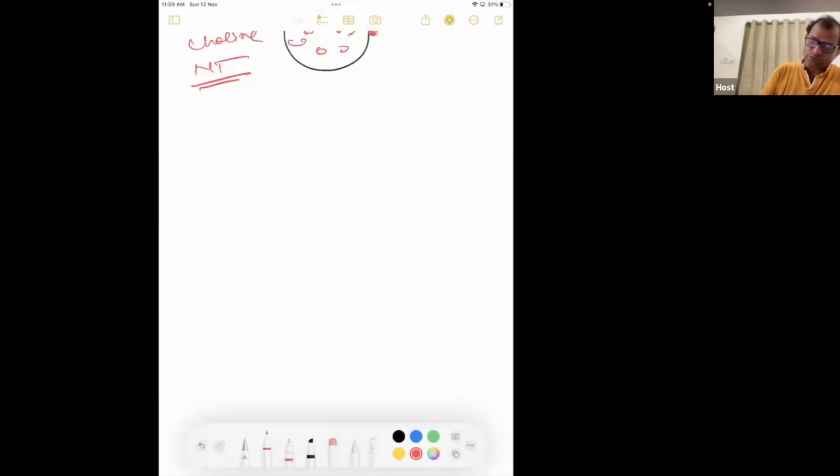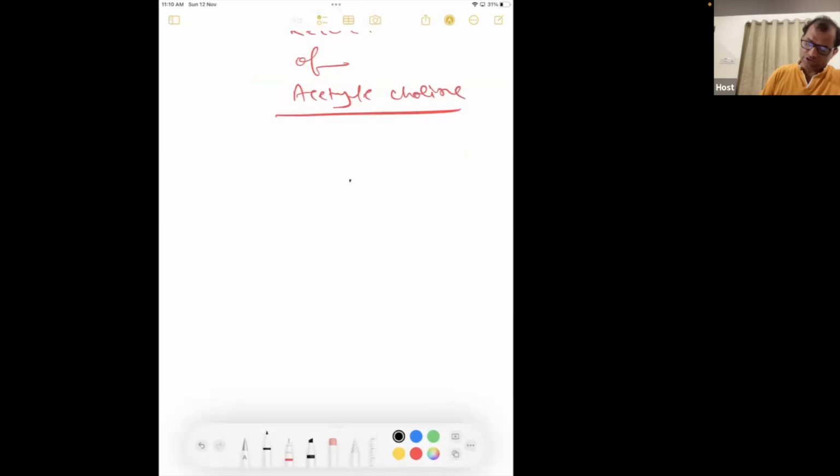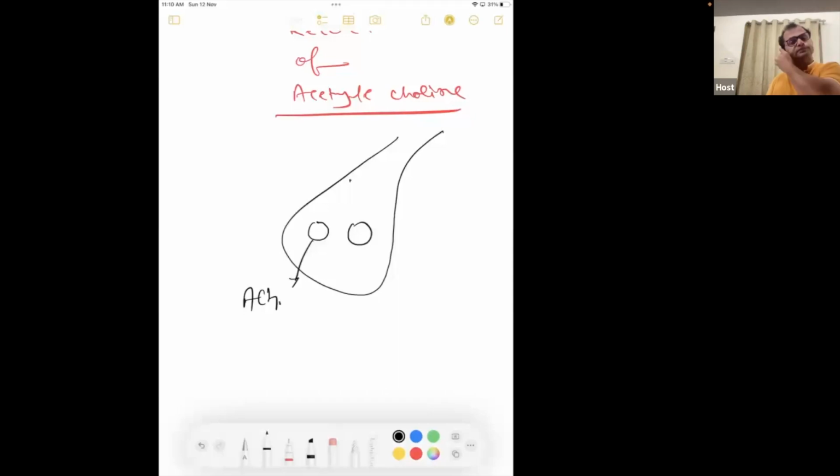Now I would like to tell you how the release of acetylcholine is happening. These events are all important if you really want to understand neuromuscular disease. So we want to discuss how the acetylcholine is released from this pouch. This process has a particular name.